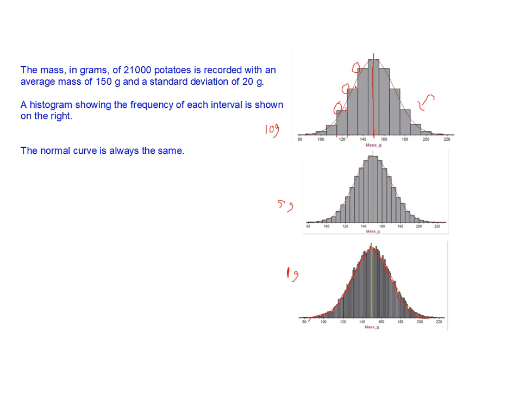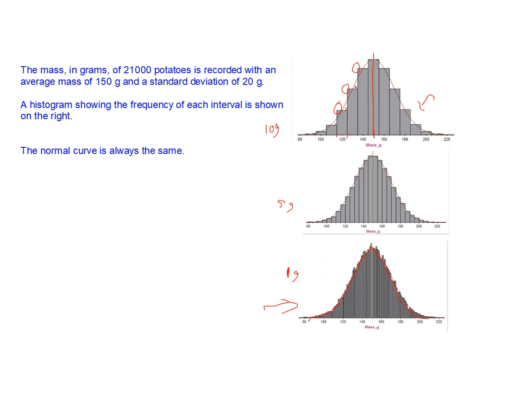Now it's important to realize that we can't just keep making the interval size smaller and smaller and get a good approximation, because if we make the interval size small enough, we might see a lot more bumps, kind of like this, where a certain interval doesn't have very much in it. So there is an optimal size for intervals, and it totally depends on the situation.